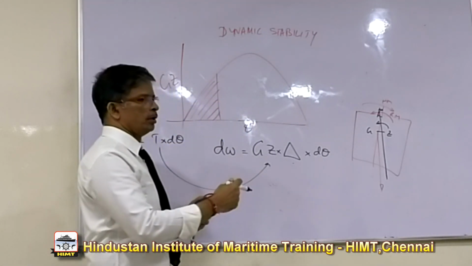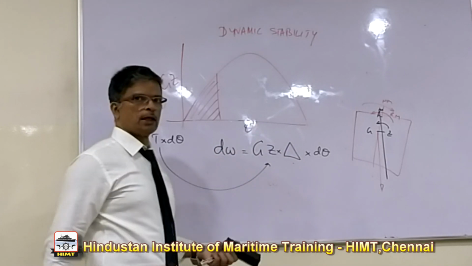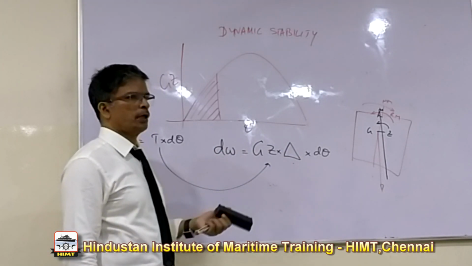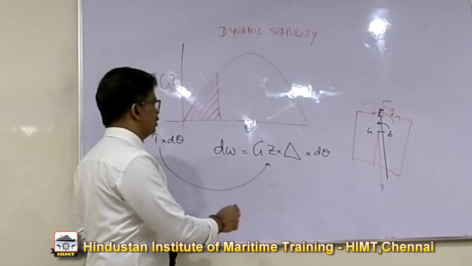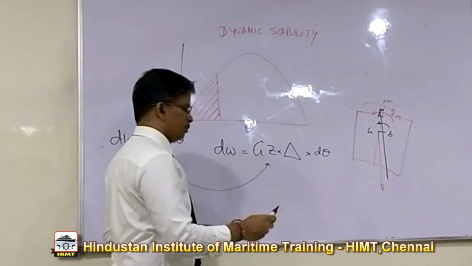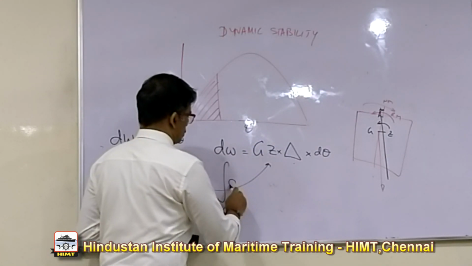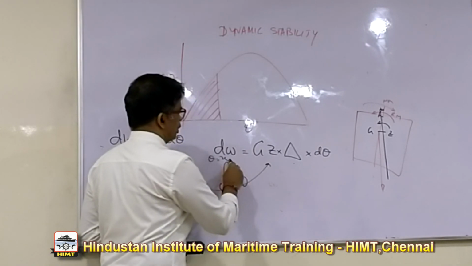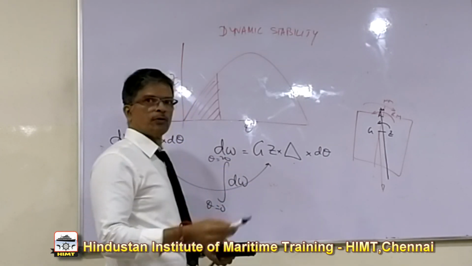Then what will be the work over a large angle? Integrate. You have to integrate. So a vessel is rolling from upright to 20 degrees, then it will be theta 0 to theta 20. You have to integrate over that range.